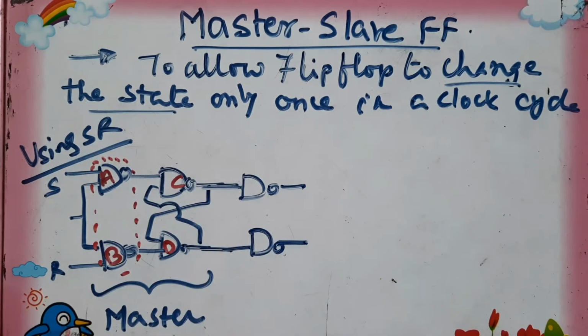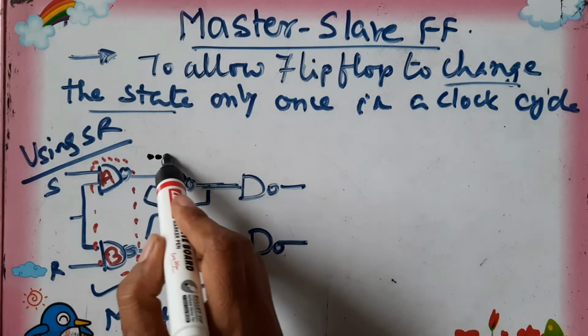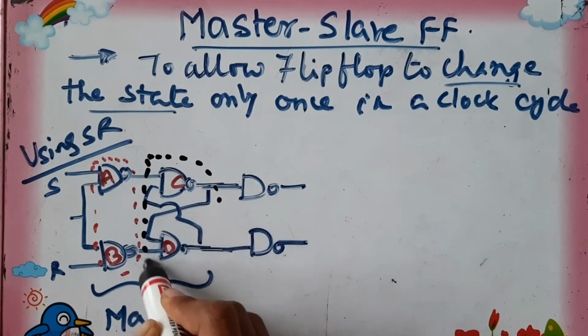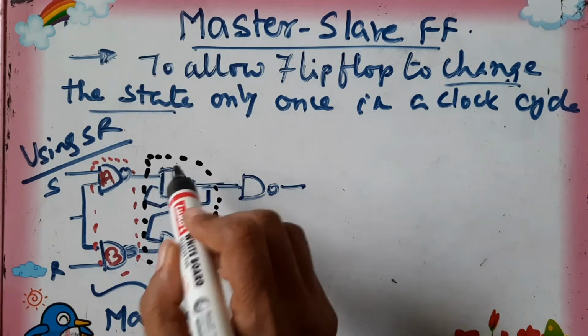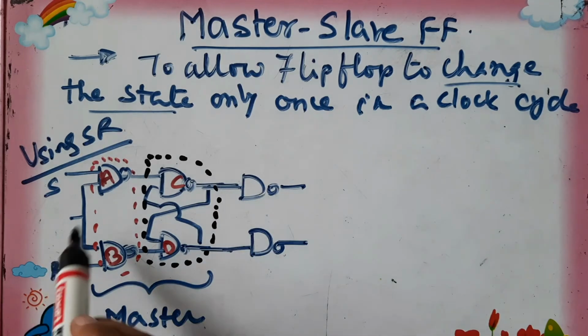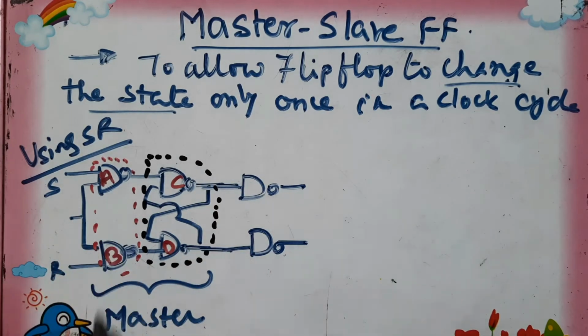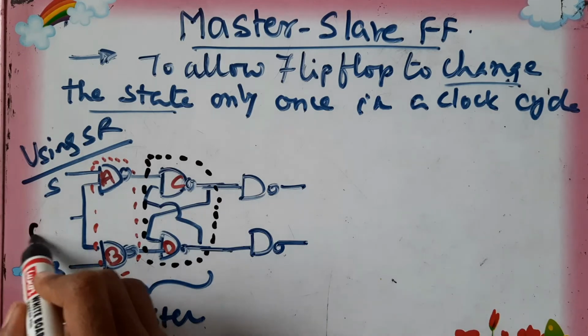C and D are the original flip-flop, the original latch. So this is the basic SR latch. In case of the master, A and B act as triggering gates, and here is the clock input.